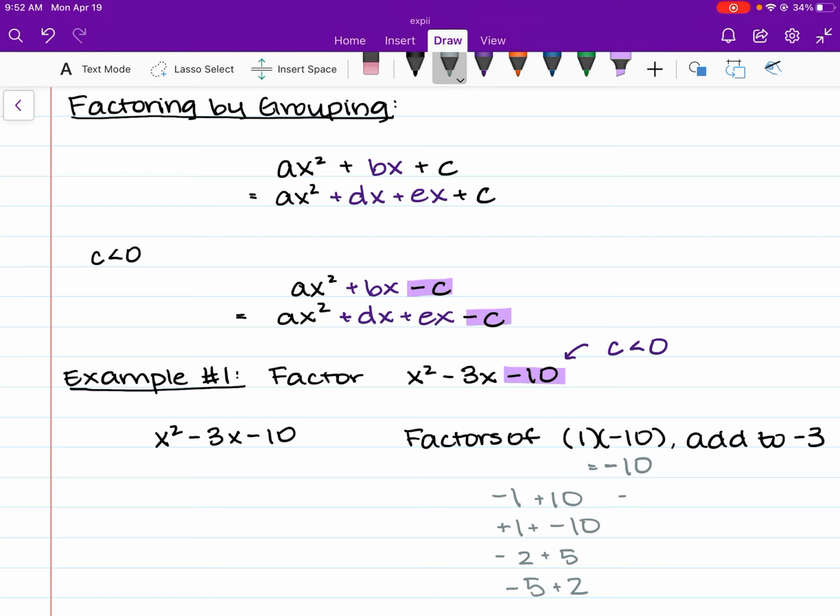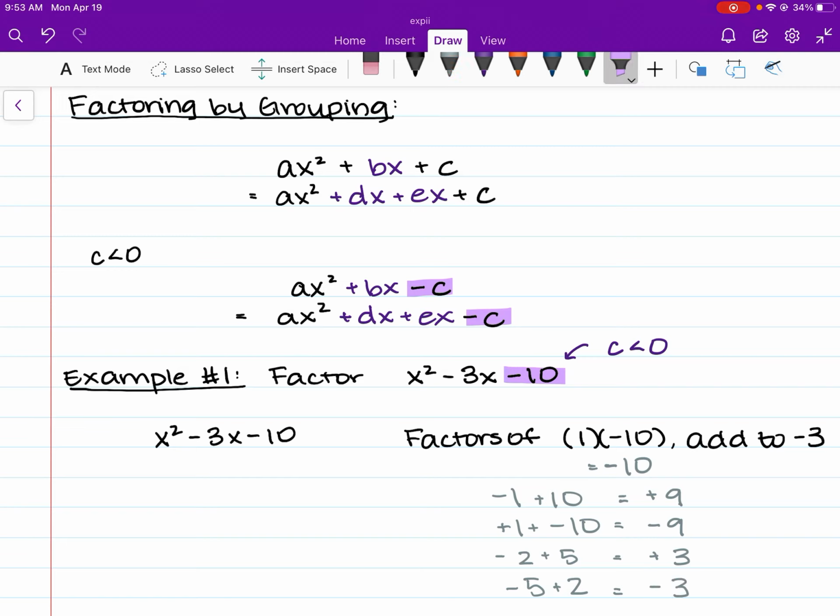Well, negative 1 plus 10 is positive 9. 1 minus 10 is negative 9. Negative 2 plus 5 is positive 3. And negative 5 plus 2 is negative 3.